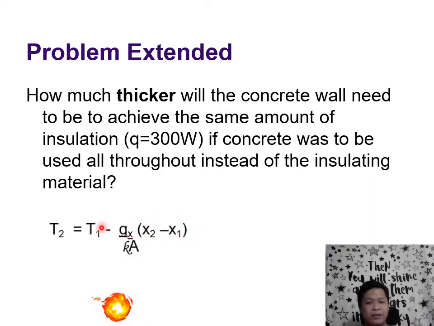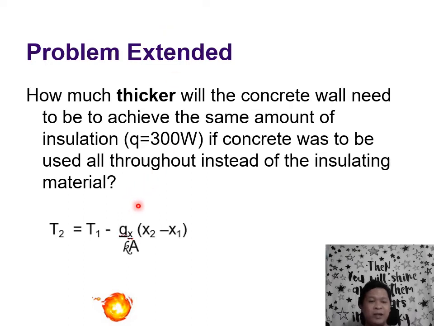Alright, and you just transfer these to one side. Then T2 minus T1 over multiplied by Ka over your Gx. And you can get the thickness value, which would be around 2.45 meters.